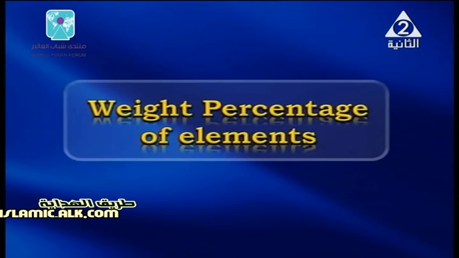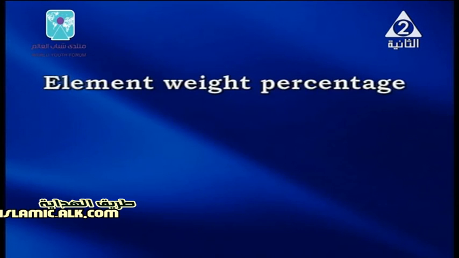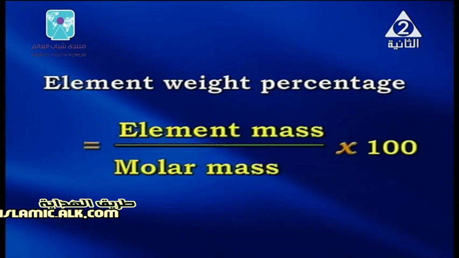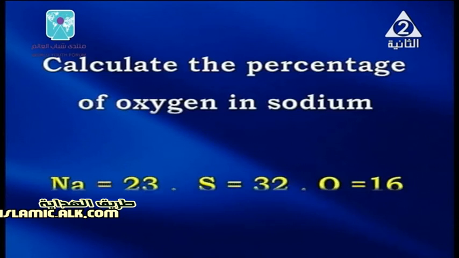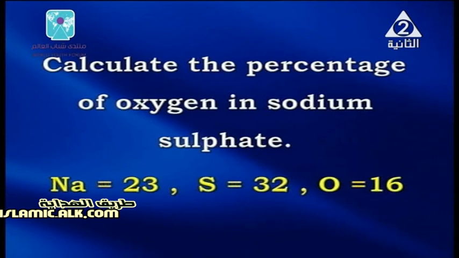Now we are going to discuss the weight percentage of elements. The element weight percent equals element mass over molar mass times 100. For example, calculate the percentage of oxygen in sodium sulfate, where the atomic mass of sodium is 23, sulfur 32, oxygen equals 16.